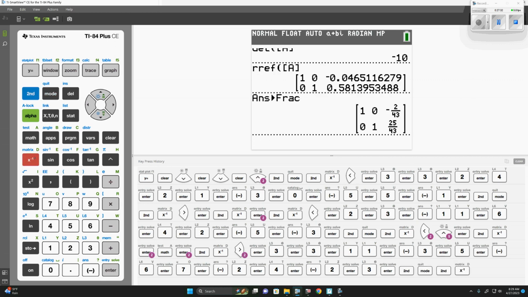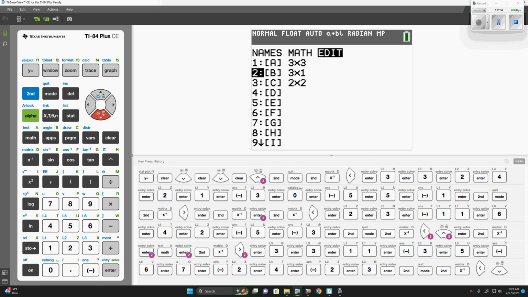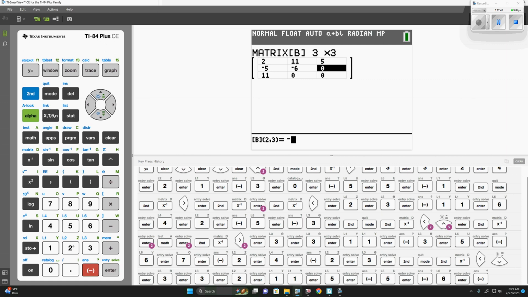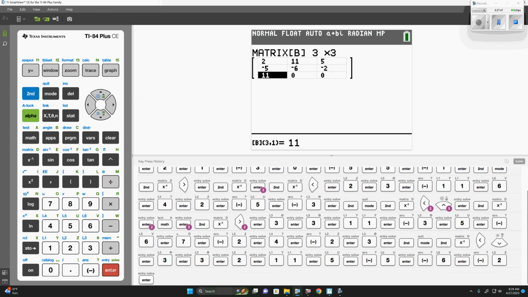Second matrix B is a 3x3. So 2, 11, 5. Negative 5, negative 6, negative 2. 9, 4, 3.